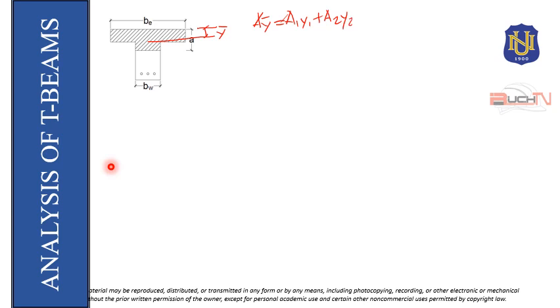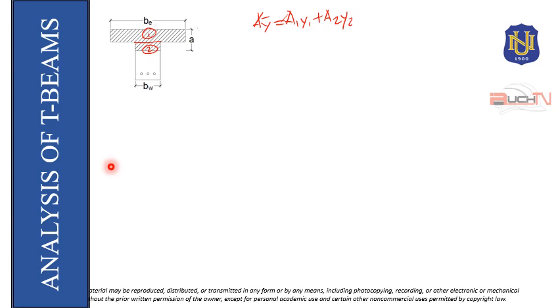Let's say, hahatiin natin tong beam na to into two parts. So, hatiin natin dito. Dito din. So, hatiin natin na ganyan. This is area 1. This is area number 2.